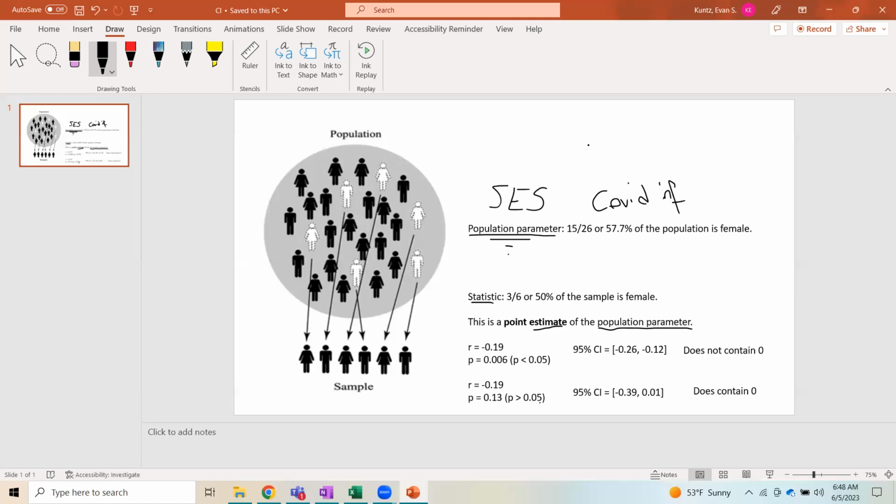And so for their study, the population was the entire United States population. But to simplify things, we're going to think about the entire OSU student body as our population.